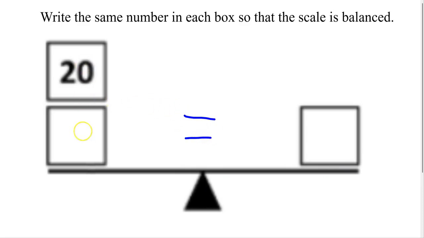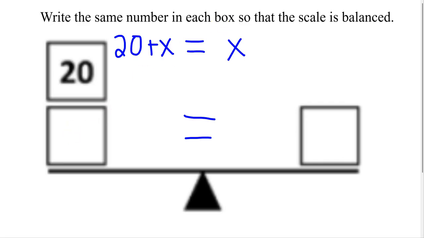So we need both sides to have the same value. Algebraically, the equation would look like this: 20 plus x equals x. So see if you can figure out what number could go in each of those boxes.